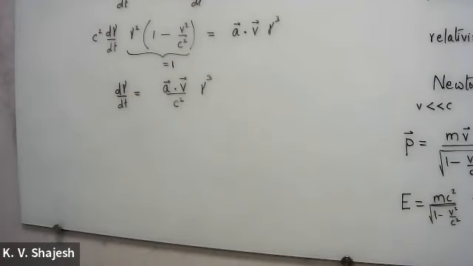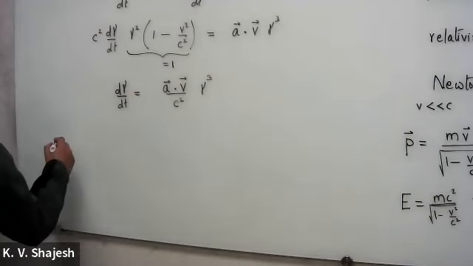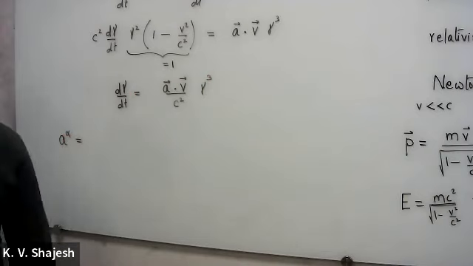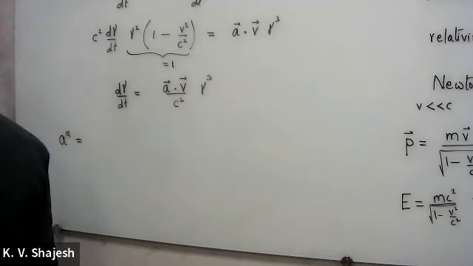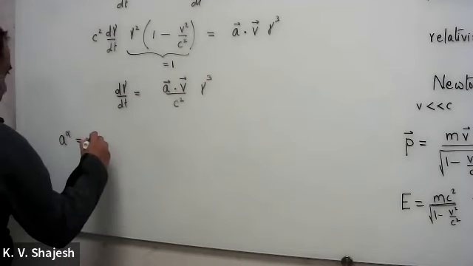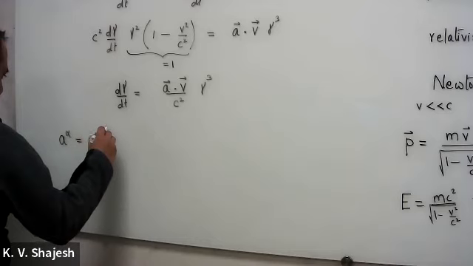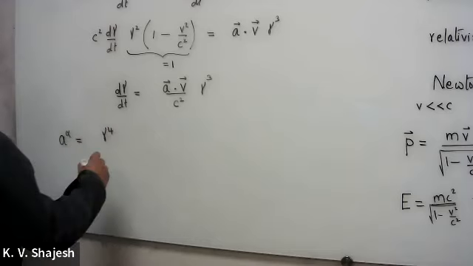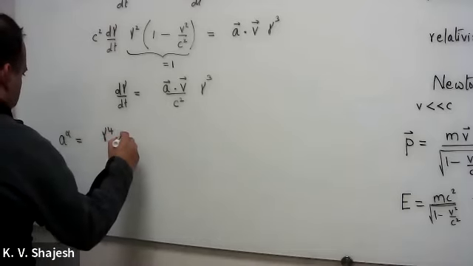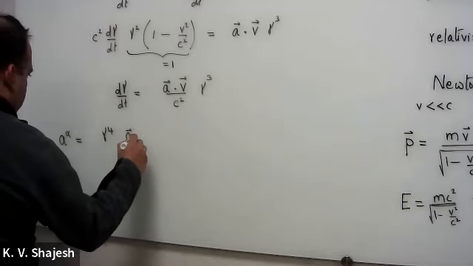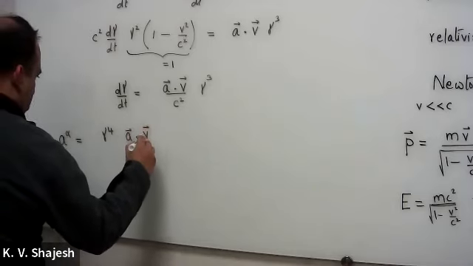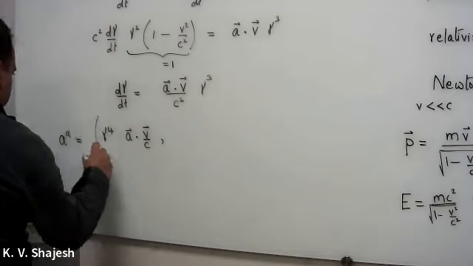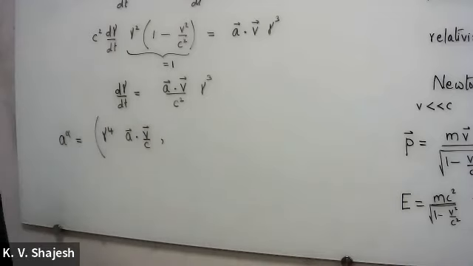Once I have that, I can substitute it in my definition of acceleration that we got there. So that's equal to gamma. Let me put the gamma raised to 4 times A dotted with V over C. That's your time component.